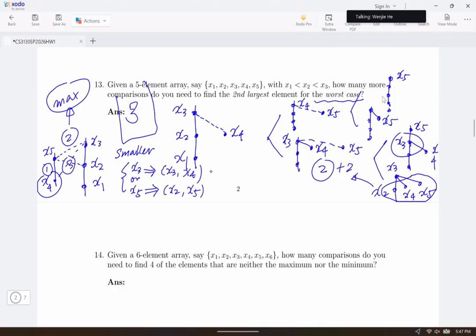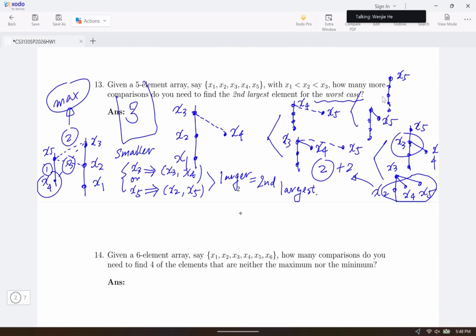The larger one will be the second largest, okay? So these 2, larger one equals second largest. So that's this solution. Okay, all right.